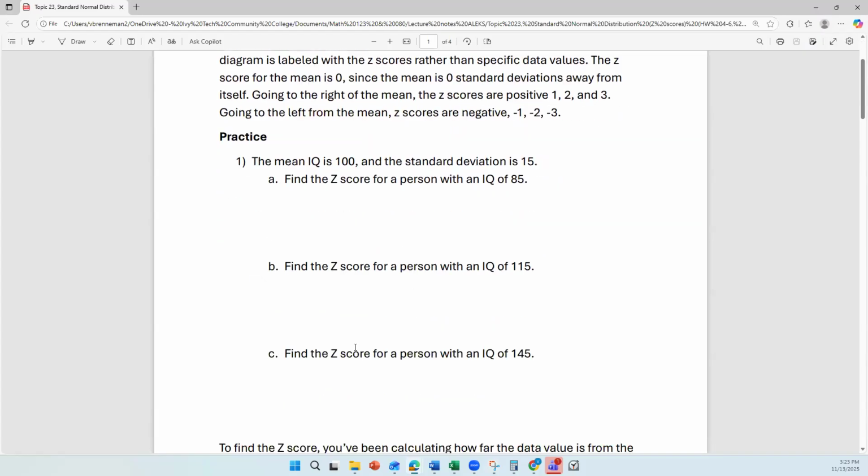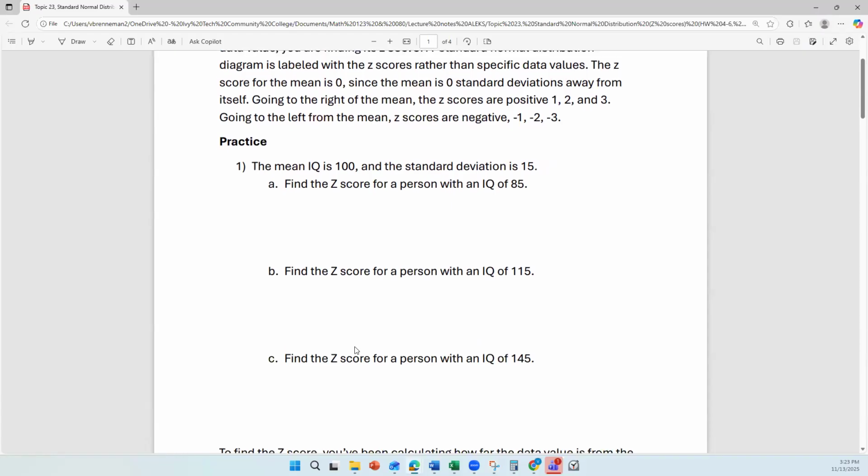So practice number 1, if we have a mean IQ of 100, standard deviation of 15, then someone with an IQ of 85, going from 100, did we have to add or subtract to get 85? To get from 100 to 85, you would subtract. What you're subtracting is 15, but we want to know how many times.